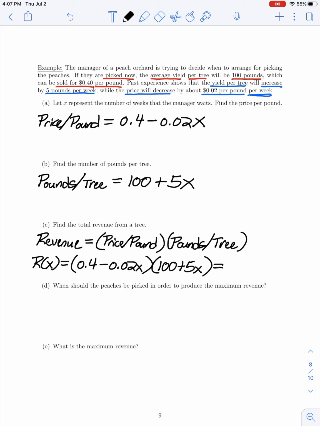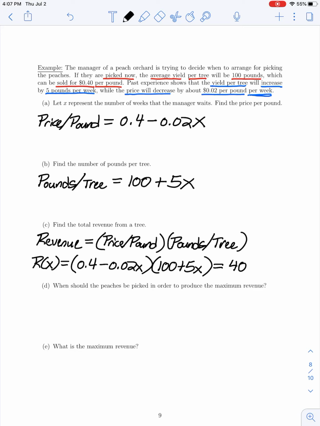So let's see what we're left with. If we expand this, we would have 0.4 times 100, or 40, plus 0.4 times 5x, so that would be 2x, then minus our 0.02x times 100 would be minus 2x, so that cancels with our plus 2x.